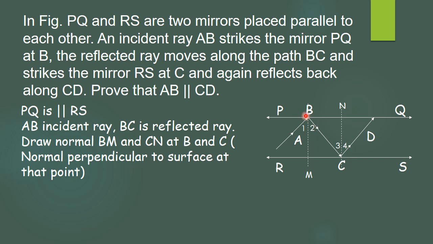Now BM is a normal drawn from B, and CN is a normal drawn from C. The normals are always perpendicular to the surface, so BM becomes perpendicular to RS.